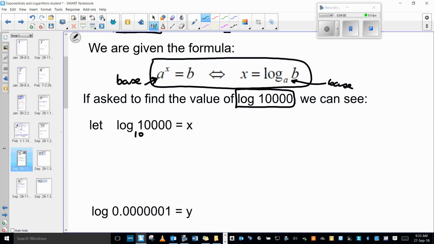Try and remember, our base is the a, so our base is 10, so 10 to the power of x equals 10,000. Now we need to know what that would be. For a base of 10, that should be super easy. It's 4. Why is it 4? There are 4 zeros.